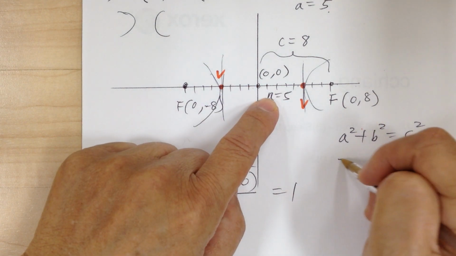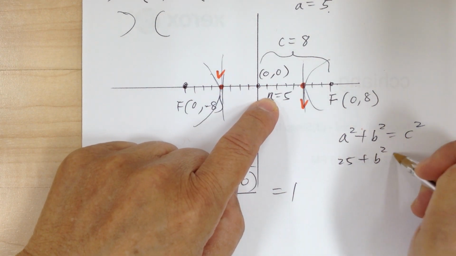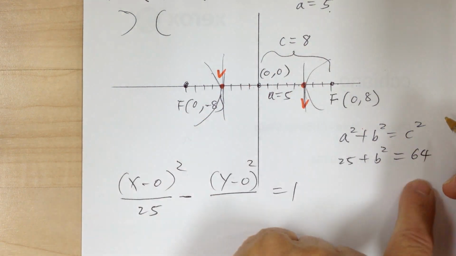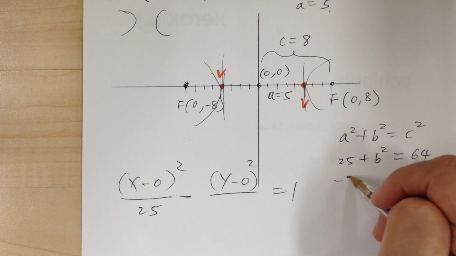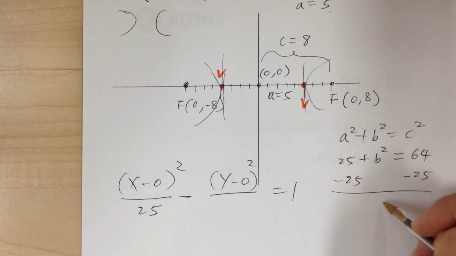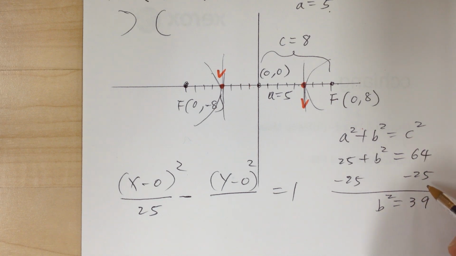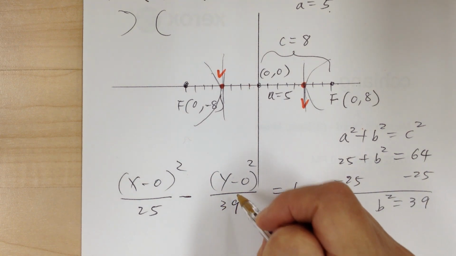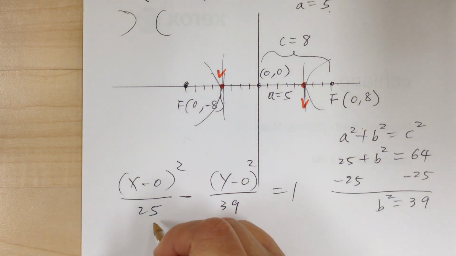So a squared is 25, and c squared is 64. Minus 25 on each side, so b squared will equal 39. You put it under here, and then you simplify things a little bit.